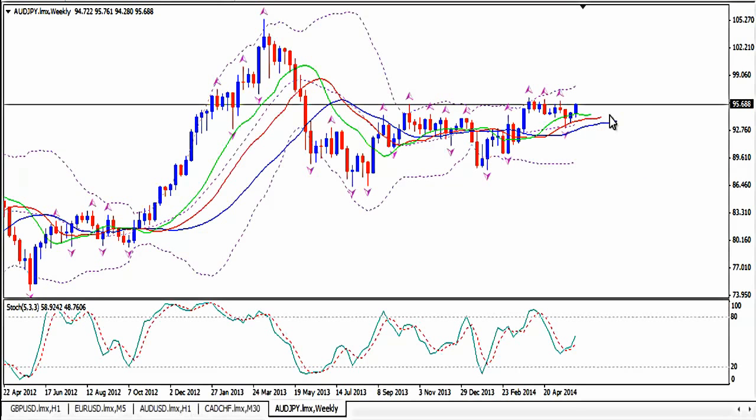We have this condition. Stochastics to go up, we have this condition. And the final and the most critical, which must always be met, otherwise we don't enter, is a bullish candlestick crossing and closing above alligator's lips, the green line.